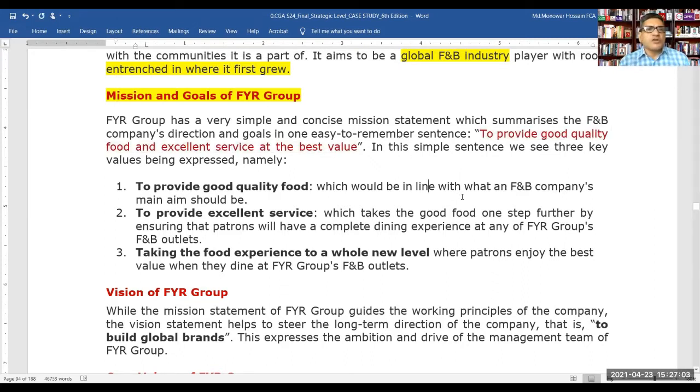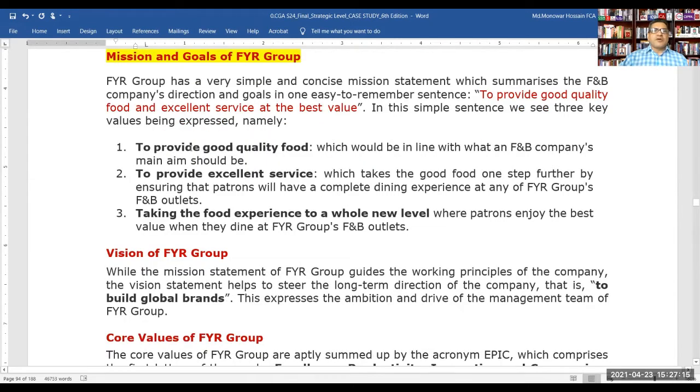To provide good quality food and excellent service at the best value. In this simple sentence, we see 3 key values being expressed, namely 1, to provide good quality food, 2, to provide excellent service, and 3, taking food experience to a whole new level.